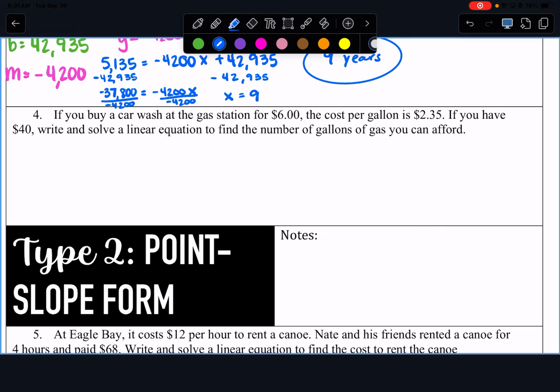All right. So it says if you buy a car wash at the gas station for $6, what does that represent? Our y-intercept. That is our B. Our B is 6. And then it says the cost per gallon is $2.35. What is that?